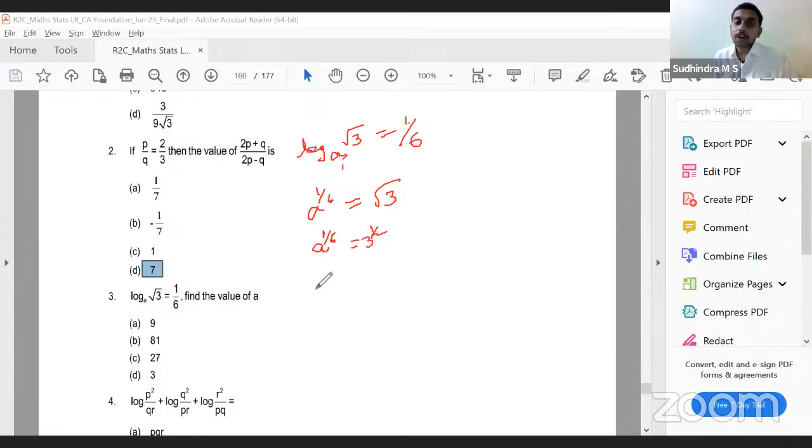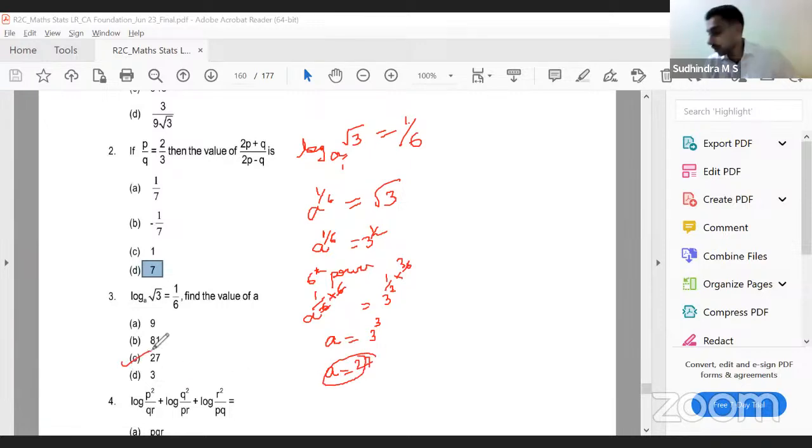I'll take 6th power on both sides. A power 1 by 6 into 6 is equal to 3 to the power of 1 by 2 into 6. 6 and 6 get cancelled. A is equal to 3 cube, that is 27. Understood?